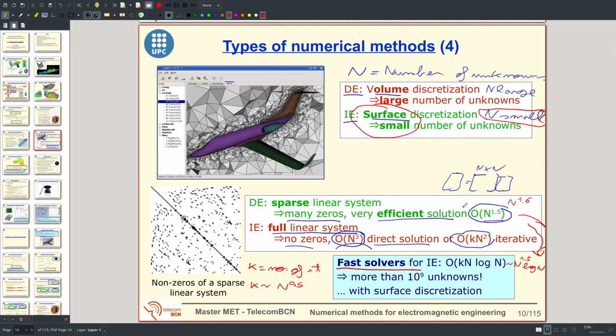For that reason, you can solve very large objects with integral equation methods and surface discretization when you use a fast solver that allows you to solve up to 10 to 9 unknowns in a supercomputer. And this is the method of choice for solving very large problems: integral equations with surface discretization, fast solver, and very big computer.